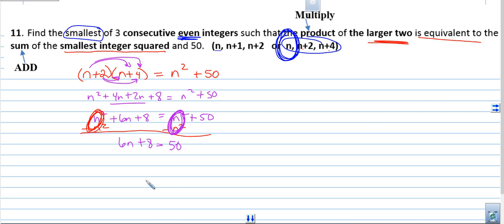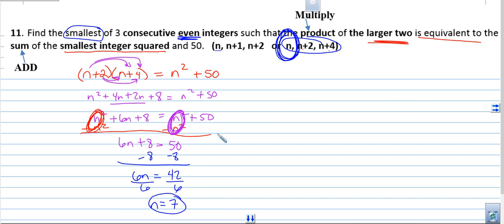Well, now it became a two-step equation, so you're going to subtract 8 from both sides. You get 6n equals 42, divide by 6, divide by 6, n equals 7, okay? And so remember, we were looking for n, so 7 is actually our number, okay?